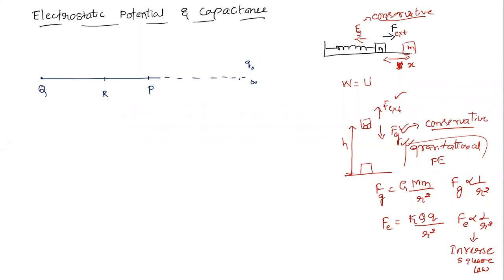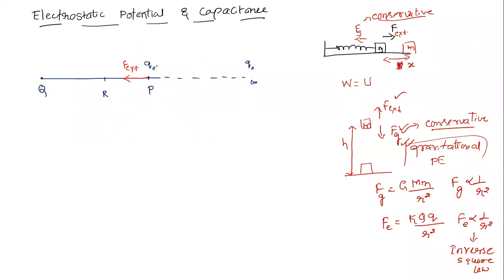To bring this charge Q naught from infinity to P or to R, I need to apply a force in this direction. That is the external force I apply to move the charge from P to R.